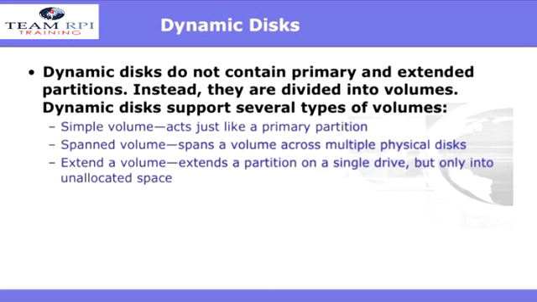So an important note is that dynamic disks do not contain primary and extended partitions. Instead, they're divided into volumes. Dynamic disks support several types of volumes: simple volumes, spanned volumes, and extended volumes.